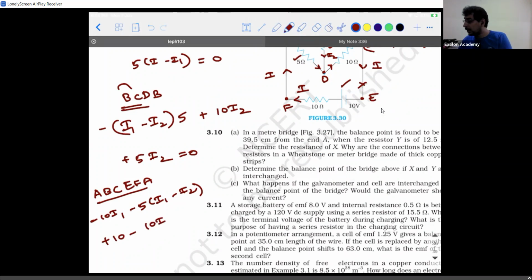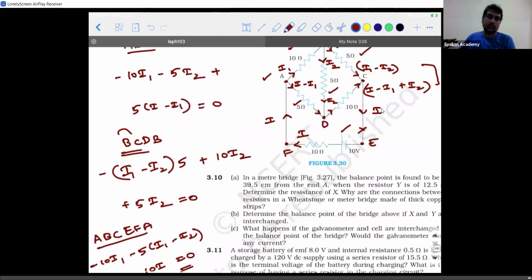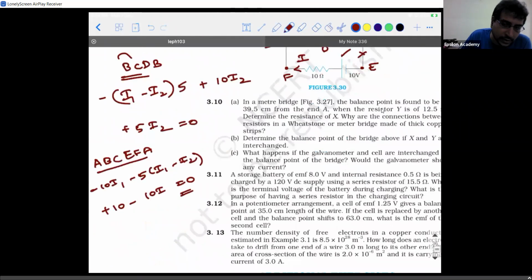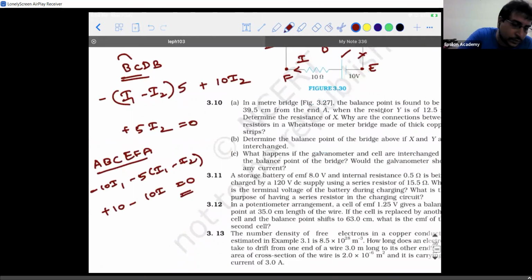Okay, F to A there is nothing. All these things put together is 0. So 3 loops, 3 unknowns and 3 equations were formed. So with this, it is your job to solve this problem.